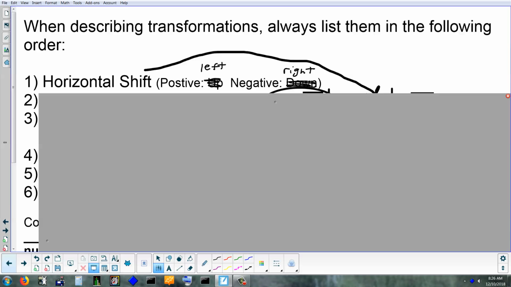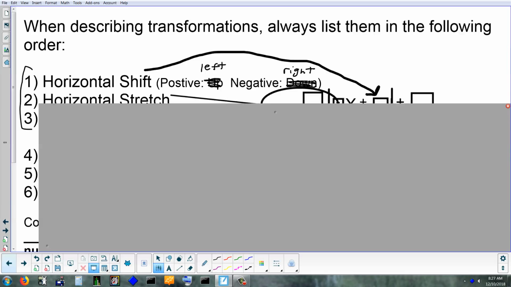In fact, all of this stuff is going to be horizontal. Always deal with all the horizontal stuff first. Okay, what about the next one after horizontal shift? Horizontal stretch. Yep, your horizontal stretch.